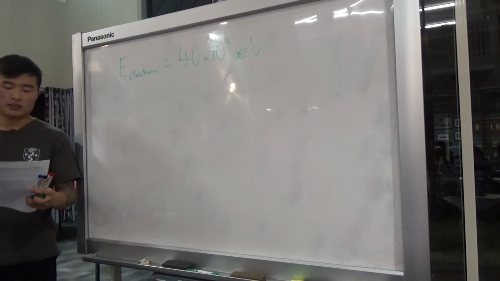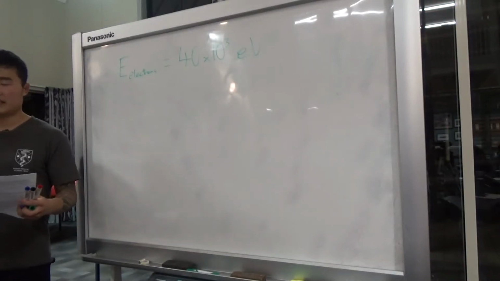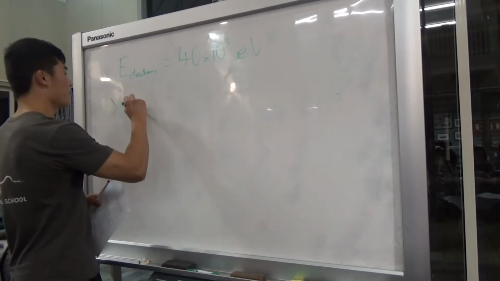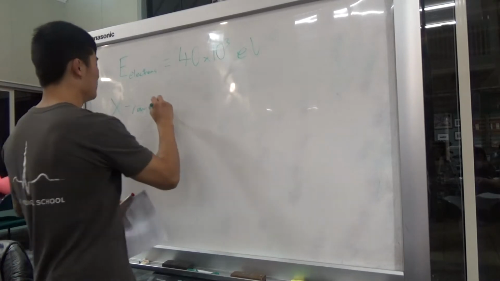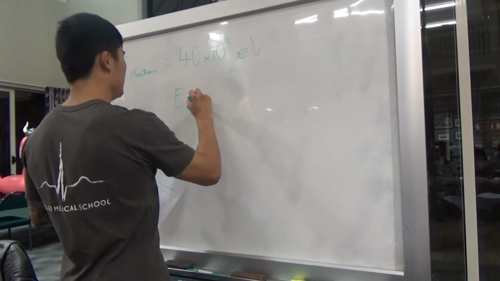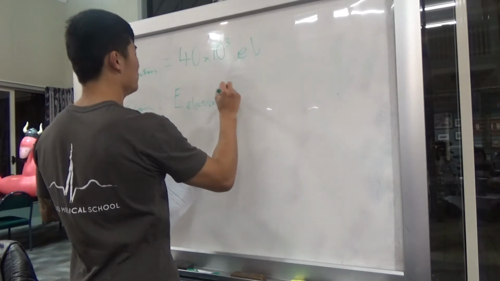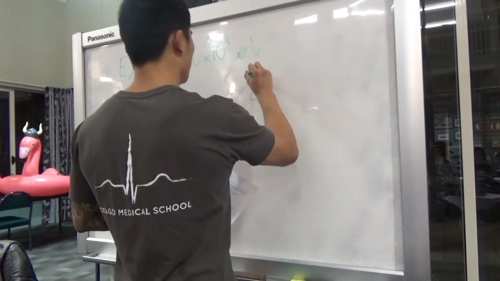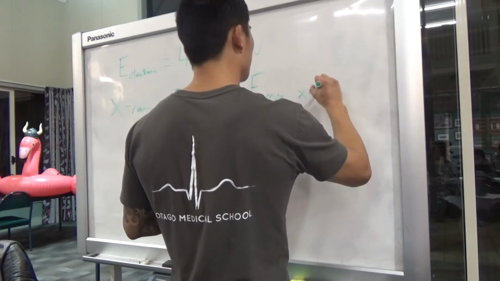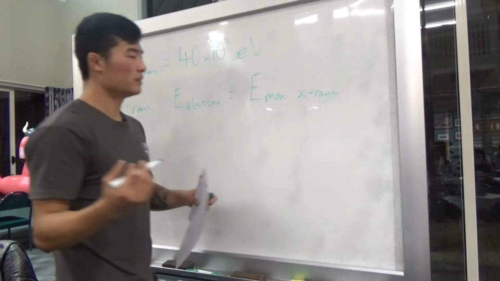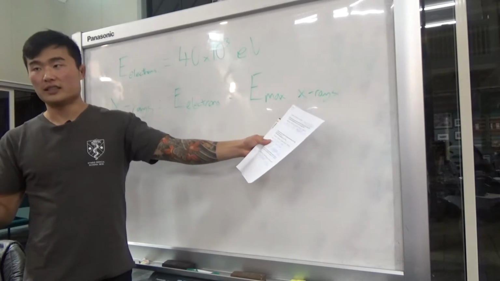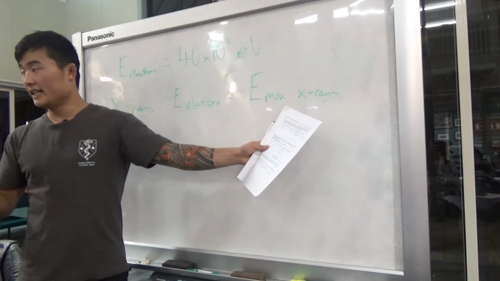The thing that you have to assume or understand here is that in an X-ray tube, the energy of the electrons will be equal to the maximum energy of the X-rays, or the photons, that come out, because X-rays are just photons that have frequency in the X-ray range.